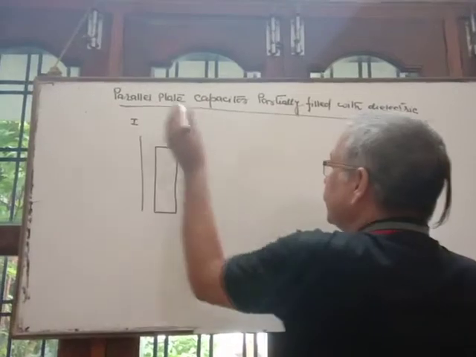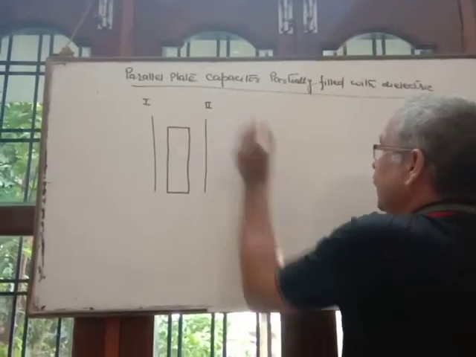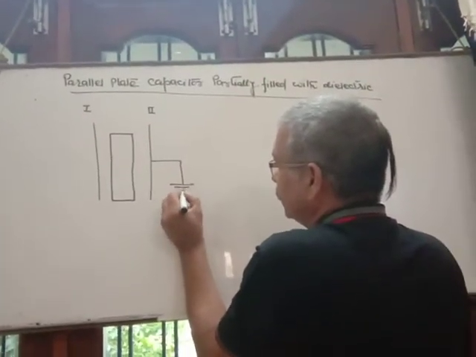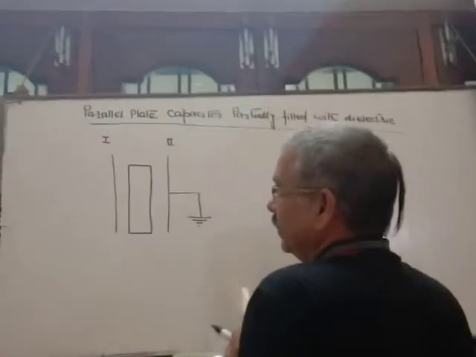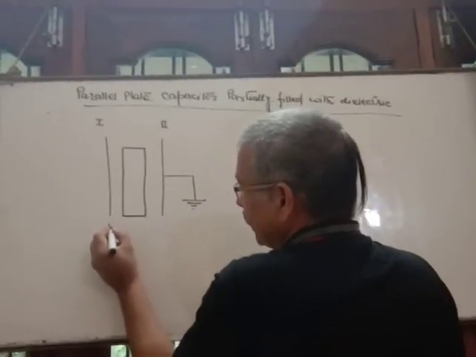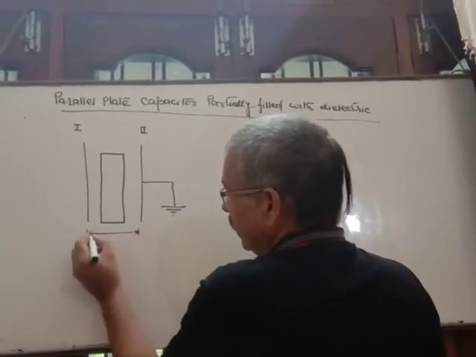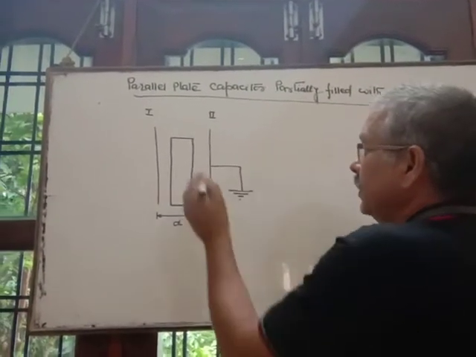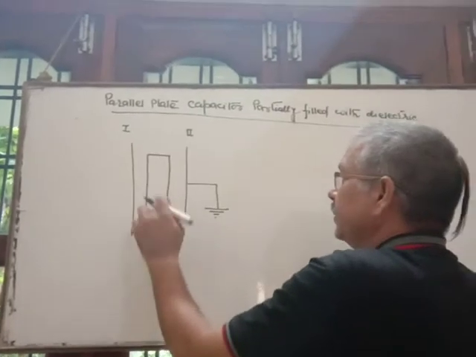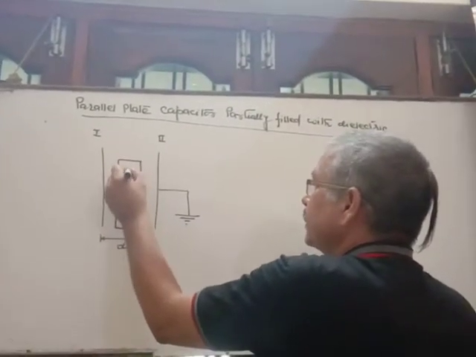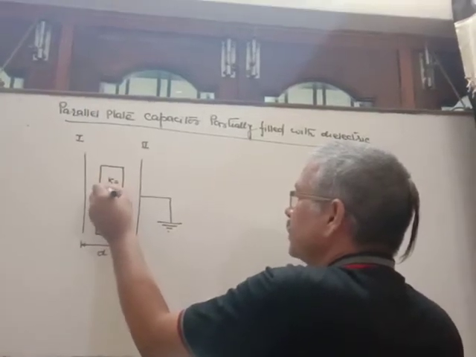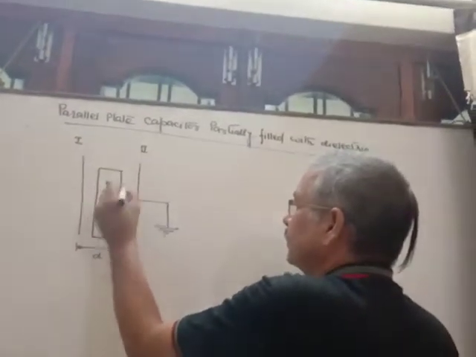Suppose this is the first plate, this one is the second plate, and the outer surface of the second plate is connected to the earth. Suppose the distance between the plates is small d, and the dielectric constant of the dielectric is either K or, suppose, epsilon r, correct?